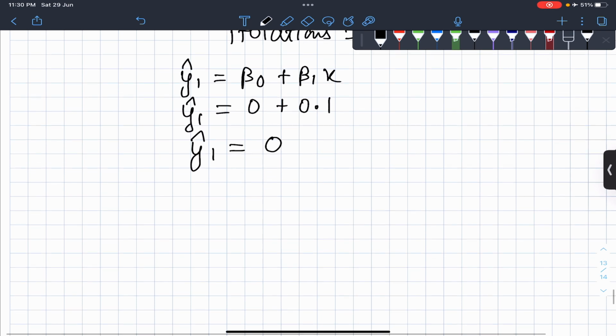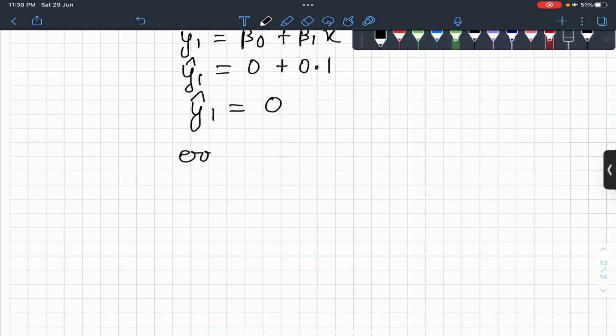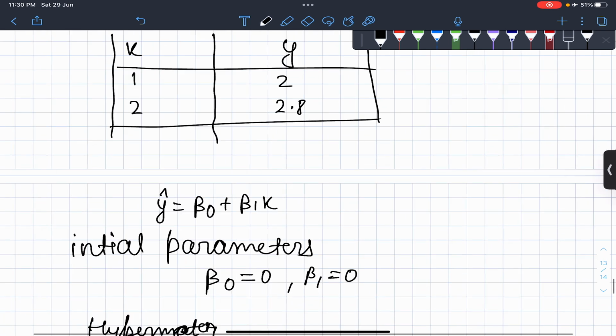Now we will get the error. What is our error? It is nothing but y minus y hat i. So what is y1?